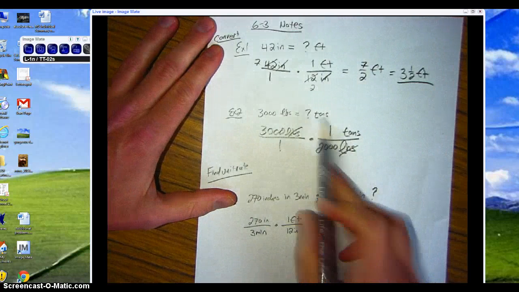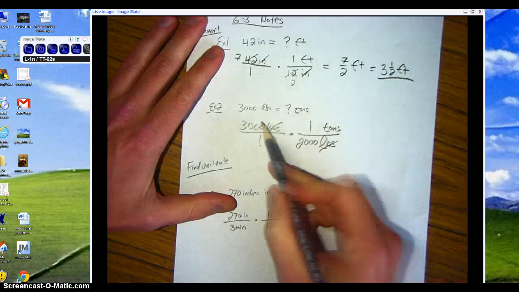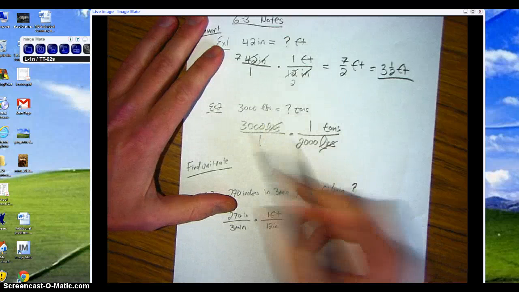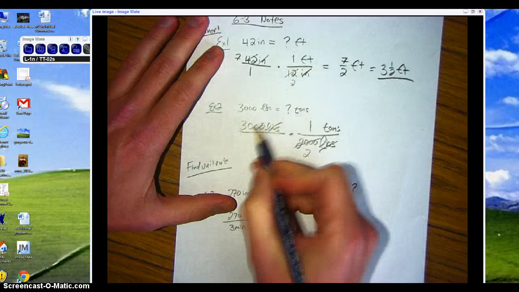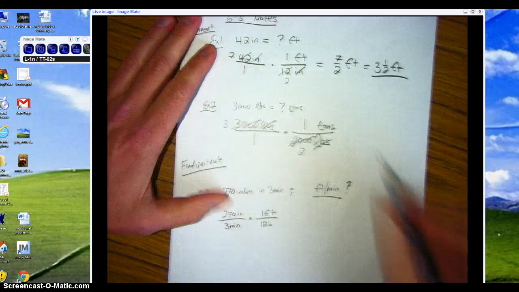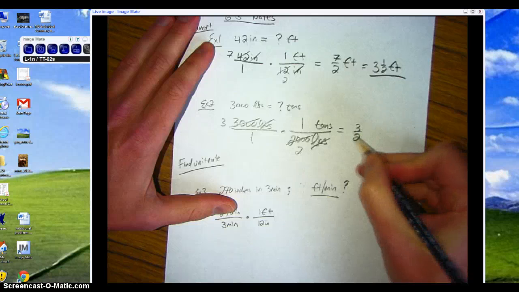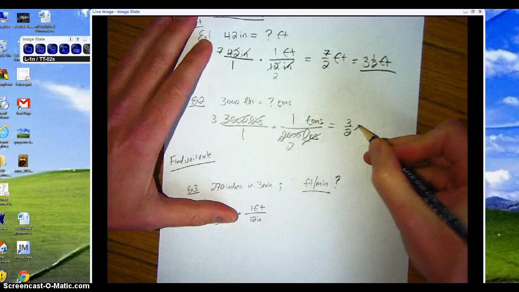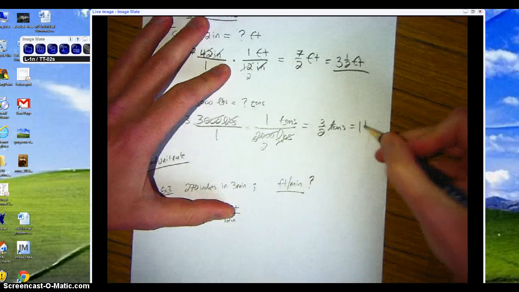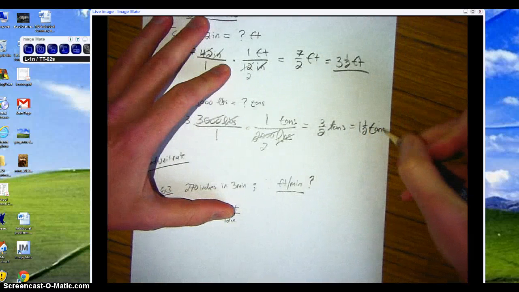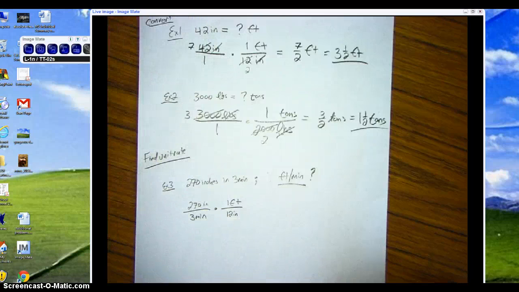What's left? What we want, tons. And 2,000 divided by 3,000, they're both divisible by, well, 1,000. So this becomes 2, this becomes 3. So I'm really left with 3 over 2 tons, which is 1 1/2 tons. Done.